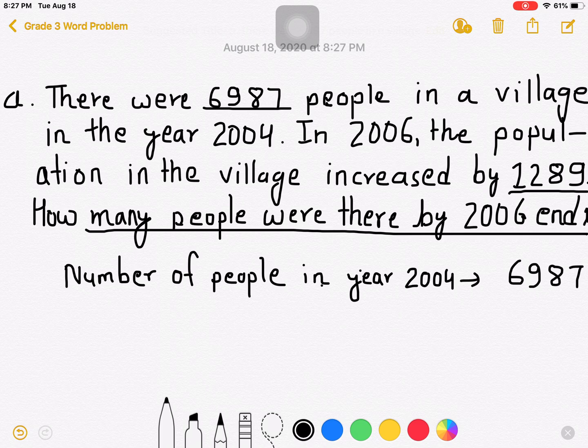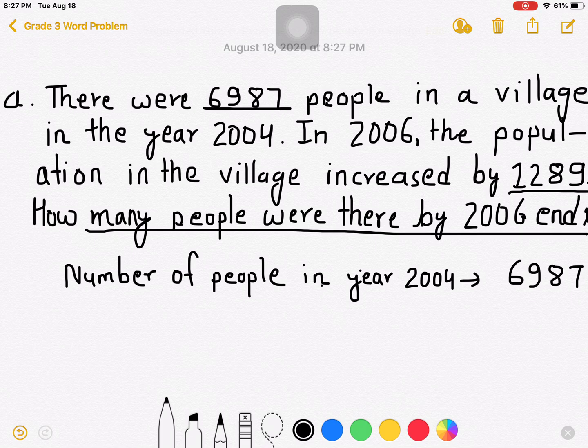Okay. Now what is the other given? The number of people increased means 1,289 people more. Increase means more. 1,289 people more in 2006. Increased, added, isn't it?